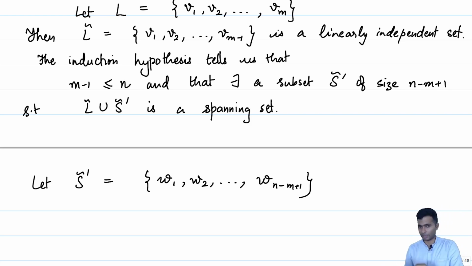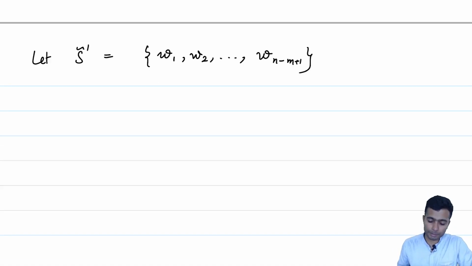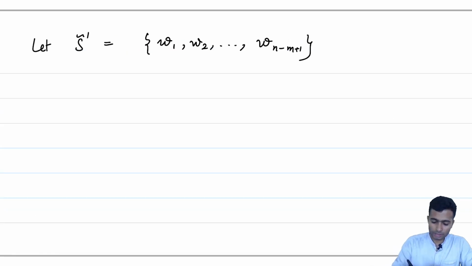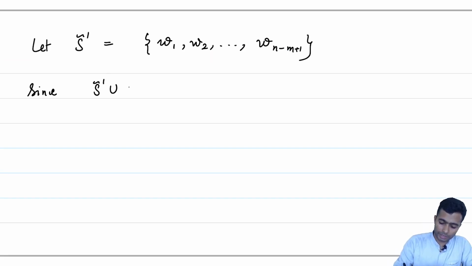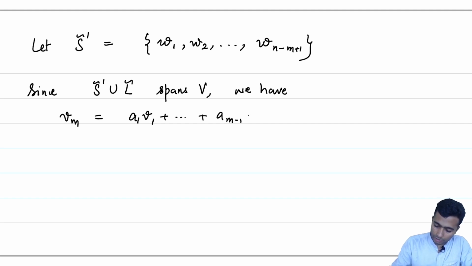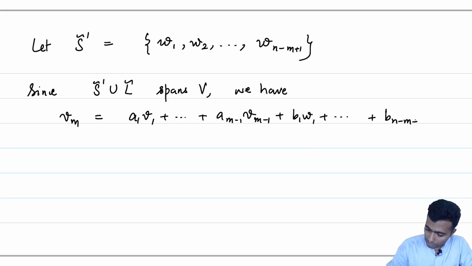Now we know that S tilde prime union L tilde is a spanning set of V. So in particular, Vm is an element of the span of this, and therefore Vm can be written as a1 v1 plus dot dot dot plus a m minus 1 Vm minus 1 plus b1 w1 plus dot dot dot plus b n minus m plus 1 w n minus m plus 1.